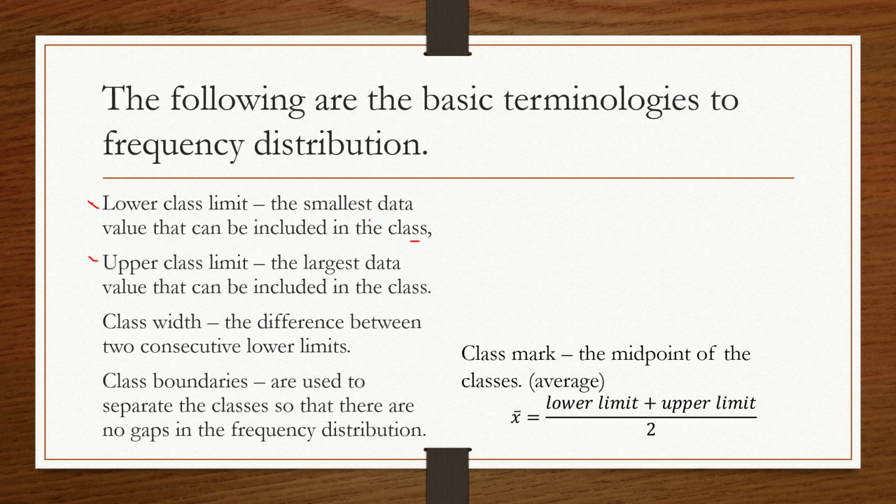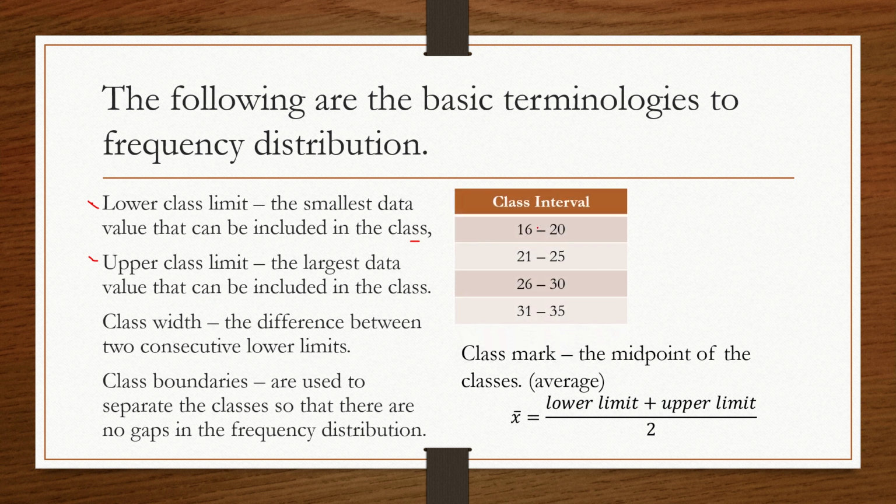Ito po yung pinaka maliit, lower class limit or the lower limit. And upper class limit naman, it is the largest data value that can be included in the class. Okay? Yung pinaka malaki. So, for example, meron tayo ditong, ayan, class interval. So, ito, so we have 4 classes. 1, 2, 3, 4. 4 classes.